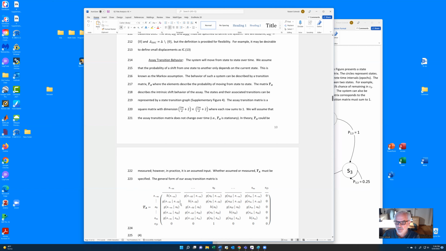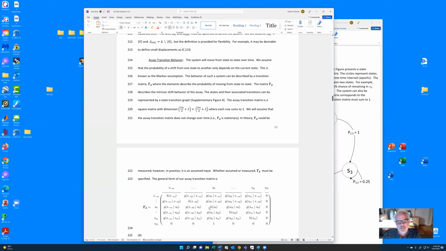So this transition matrix just describes what happens to the assay if we let it run by itself without any influence from the quality monitoring system. Okay, there's no such thing as a flag that looks for a control rule violation, right? So the system is just running under its own influence by itself. And each of these elements, remember, describes the probability of going from this state to this state.